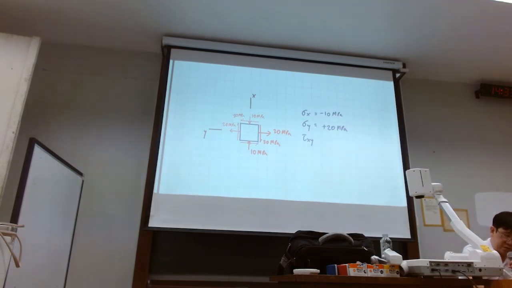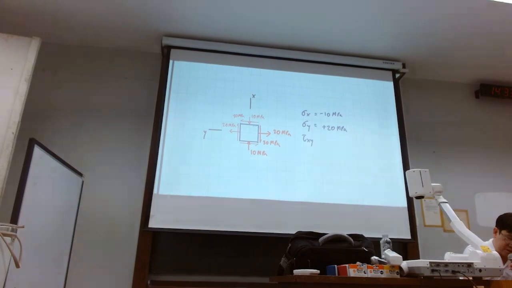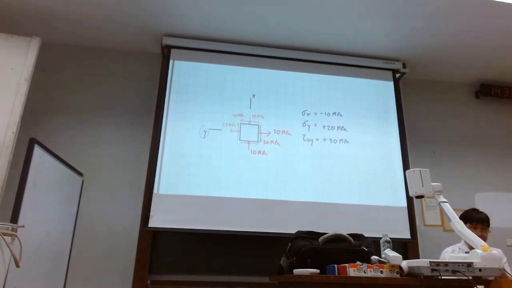And you have positive x. If you look at the top, this is positive x. And then it goes to positive y. So tau xy itself is actually positive 30 MPa. Does this make sense?